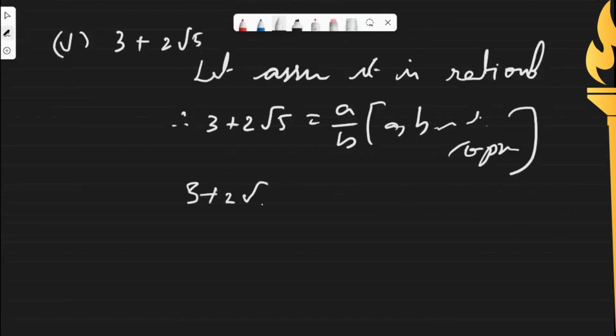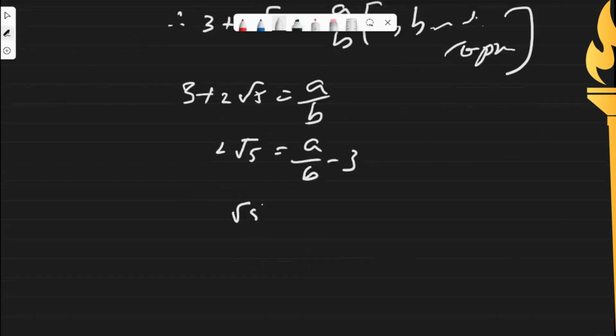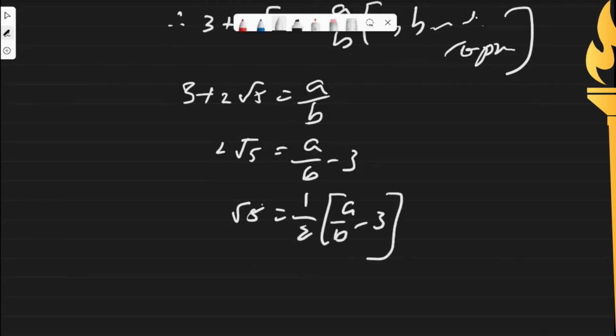So since 3 plus 2 root 5 is equal to a by b, 2 root 5 is equal to a by b minus 3. And root 5 is equal to 1 by 2 into a by b minus 3. Again, we are going to write that 2, 3, a and b all are integers, hence rational. But root 5 is an irrational number.